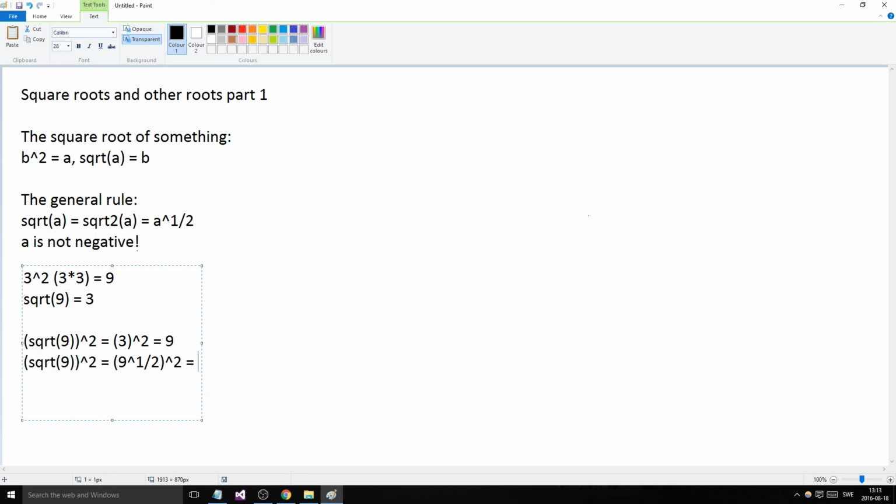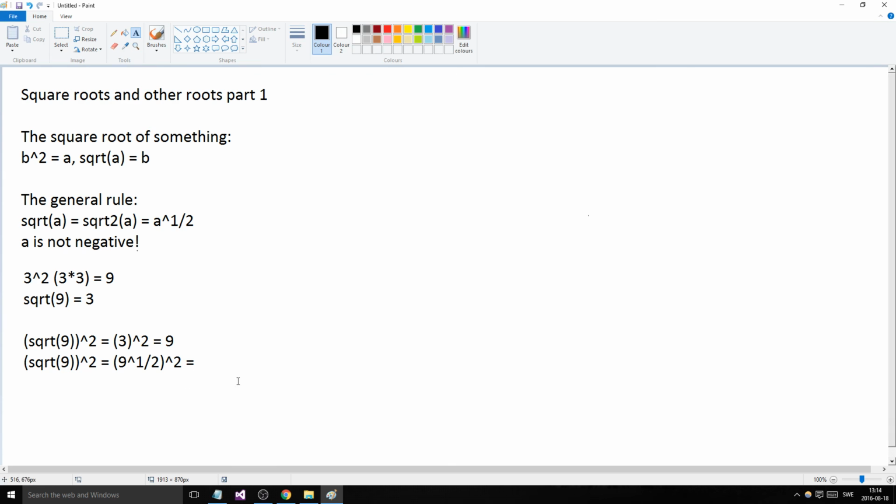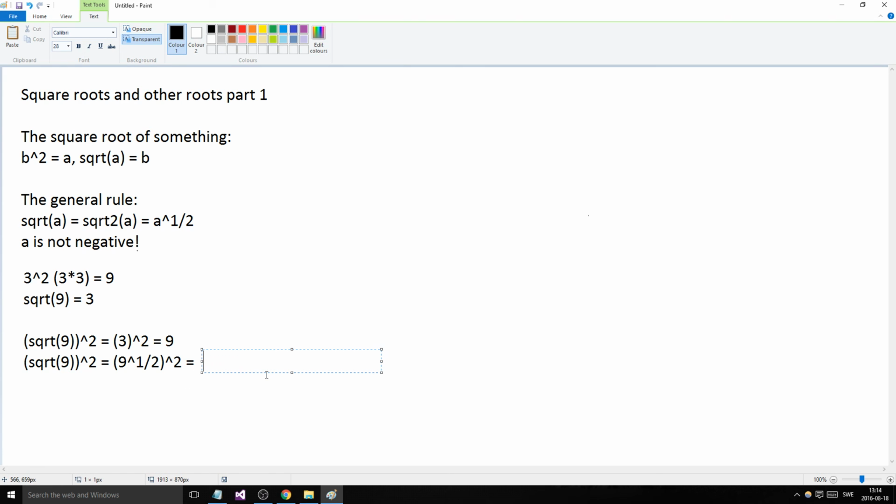And remember the rule that we talked about in a few videos back, where something to the power of something, after that you can just multiply the 2 exponents. This was exponent multiplication, right? So if you check that video, you'll see that you can do this. 1/2 multiplied by 2, which in turn is 2 by 1.